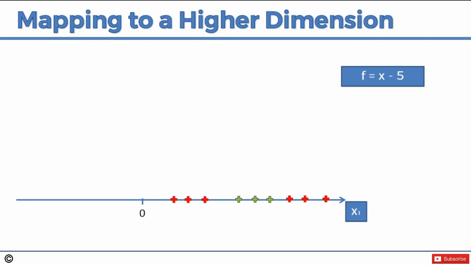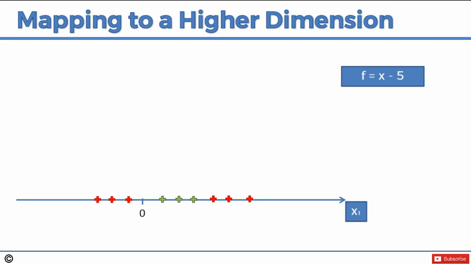What is that going to do? That is going to move everything to the left. So basically now this is what the result looks like. If you subtract 5 from x, these ones will go into negative, these ones will stay in positive.